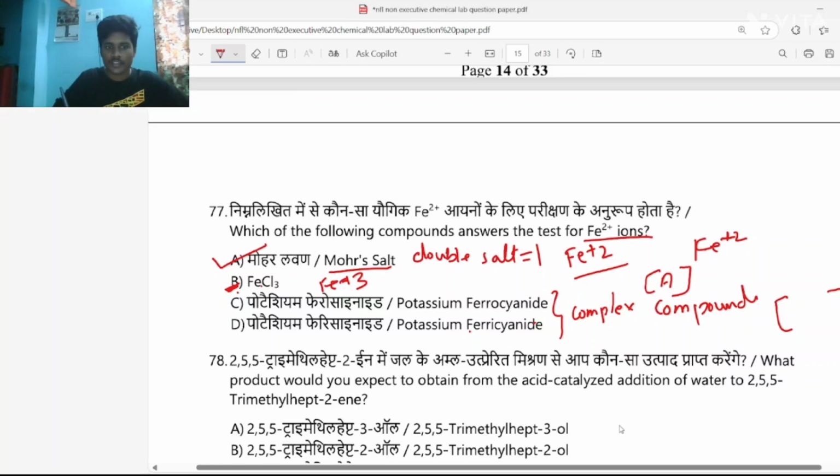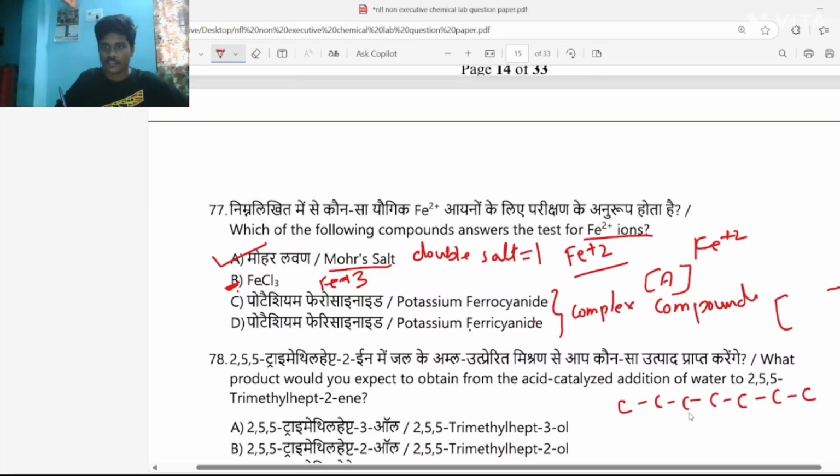Here 2,5,5 trimethyl. This is the ene, right? This is the starting material. You are going to react it with acid catalyzed water.